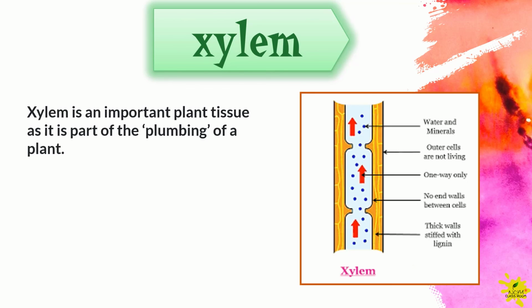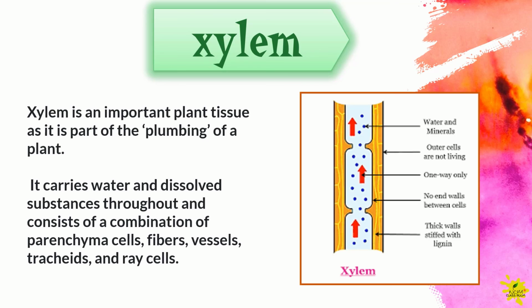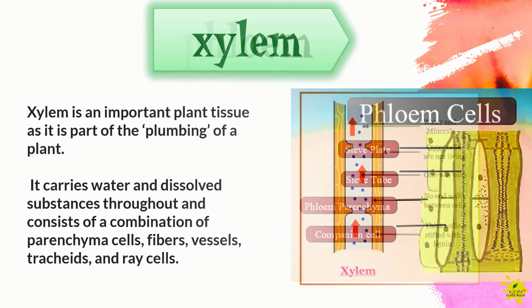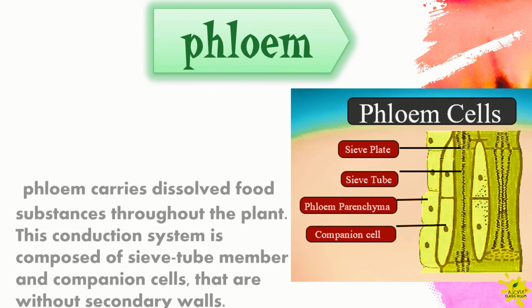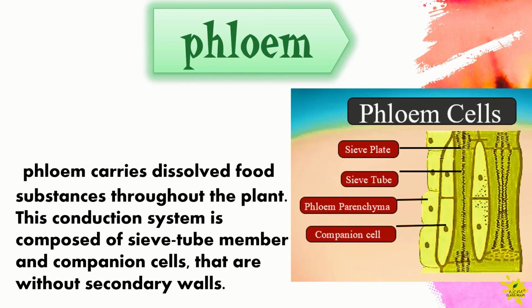It carries water and dissolved substances throughout and consists of a combination of parenchyma cells, fibers, vessels, tracheids and ray cells. Coming to the phloem, it carries dissolved food substances throughout the plant. This conduction system is composed of sieve tube members and companion cells that are without secondary walls.